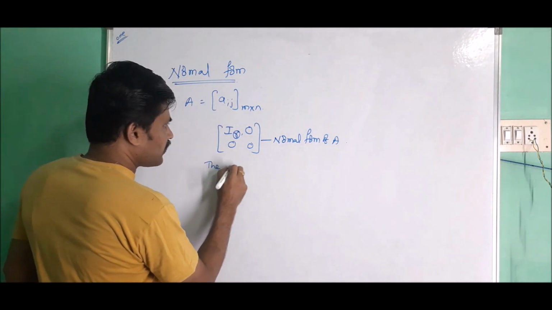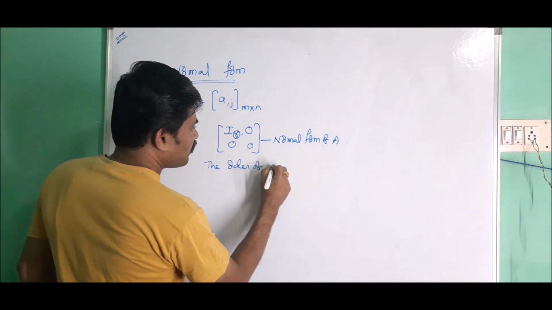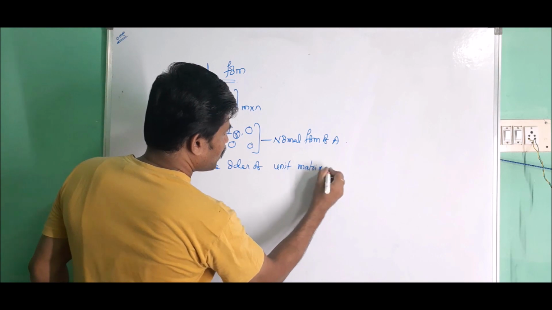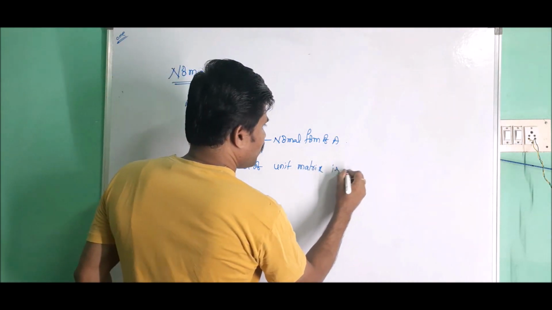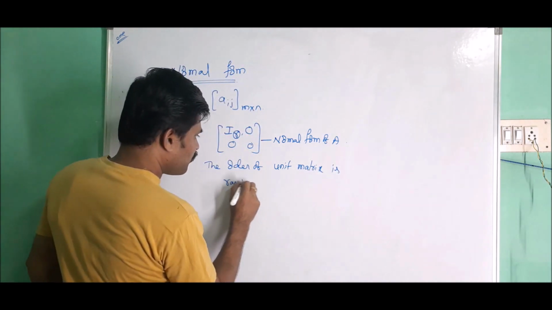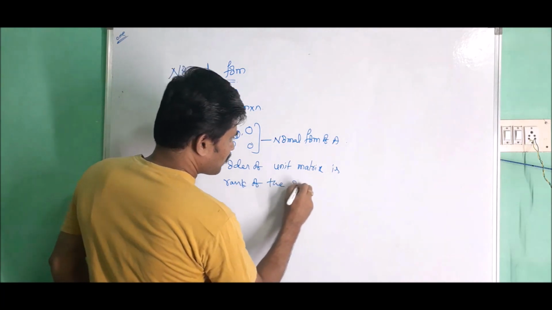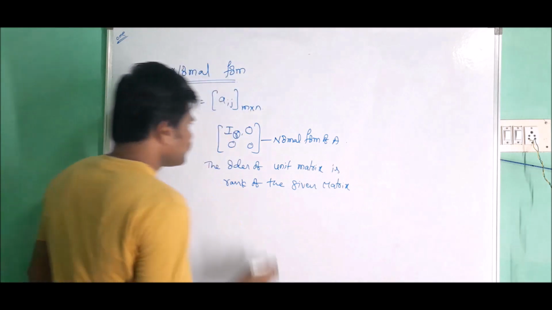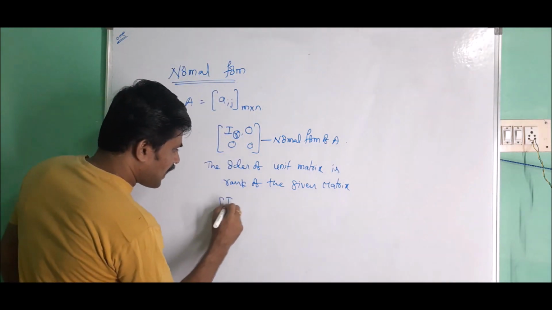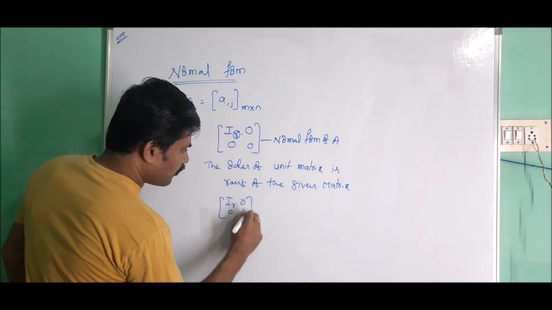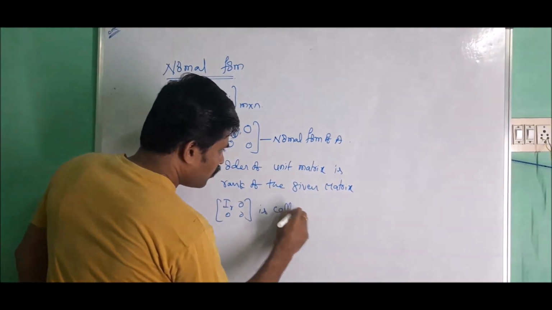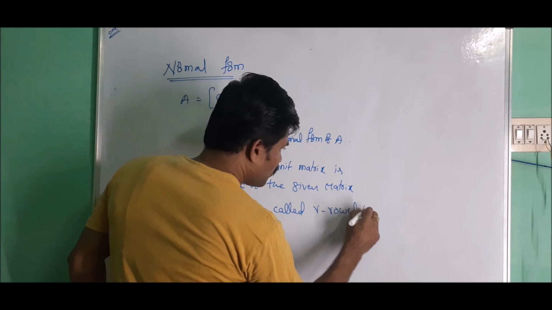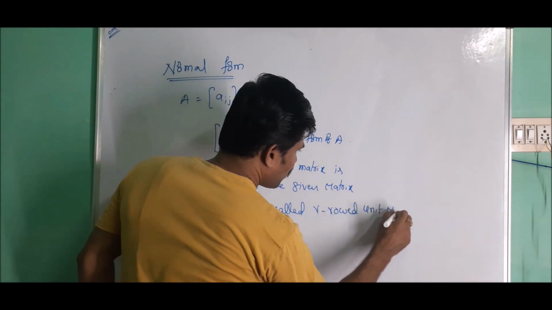The order of the unit matrix is the rank of the given matrix. Here the matrix [I_r 0; 0 0] is called the r-rowed unit matrix.